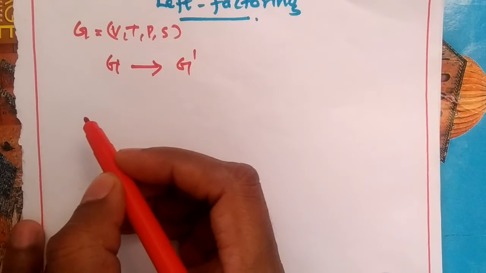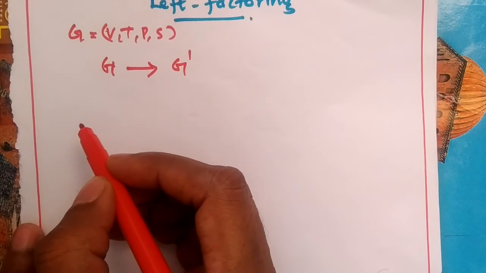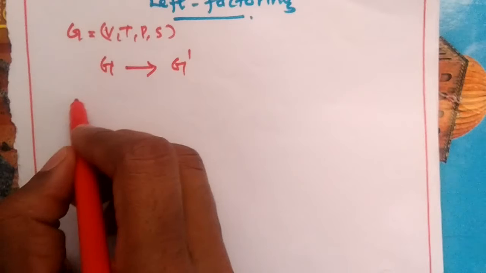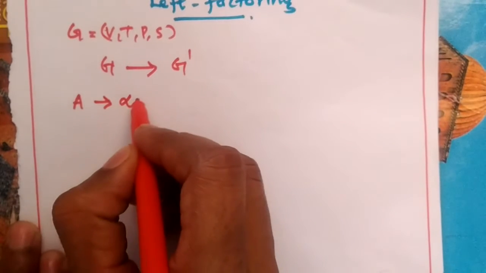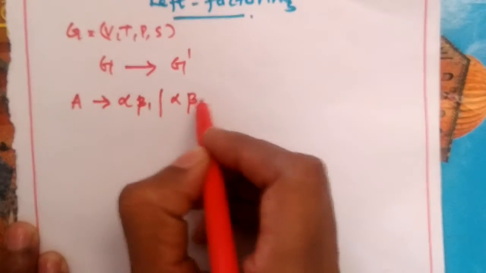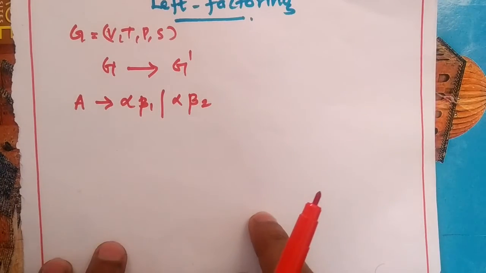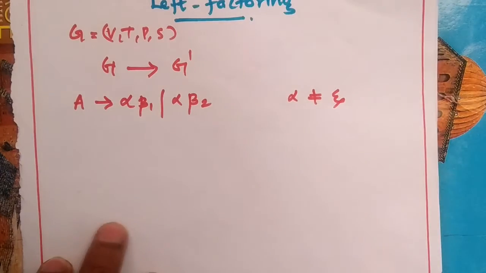In general, how can we define left factoring with respect to a grammar? Let us see one production of the form A gives alpha beta 1 or alpha beta 2, where alpha is a string and is not equal to the empty string.